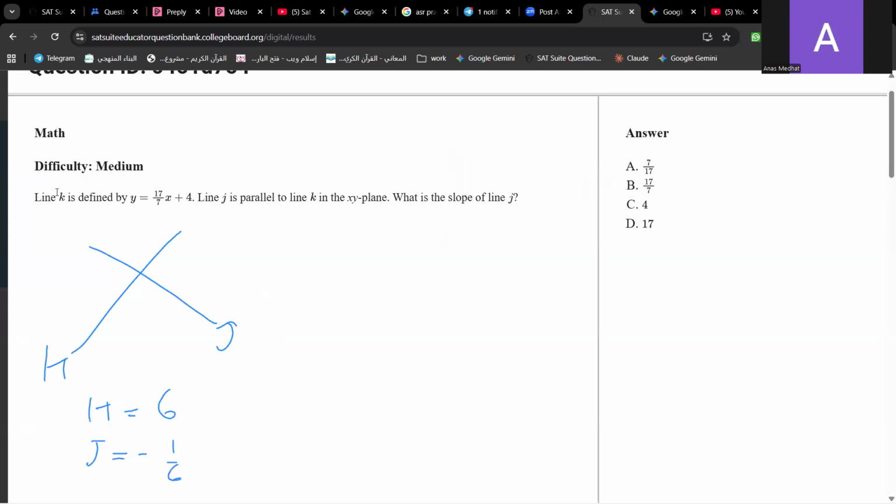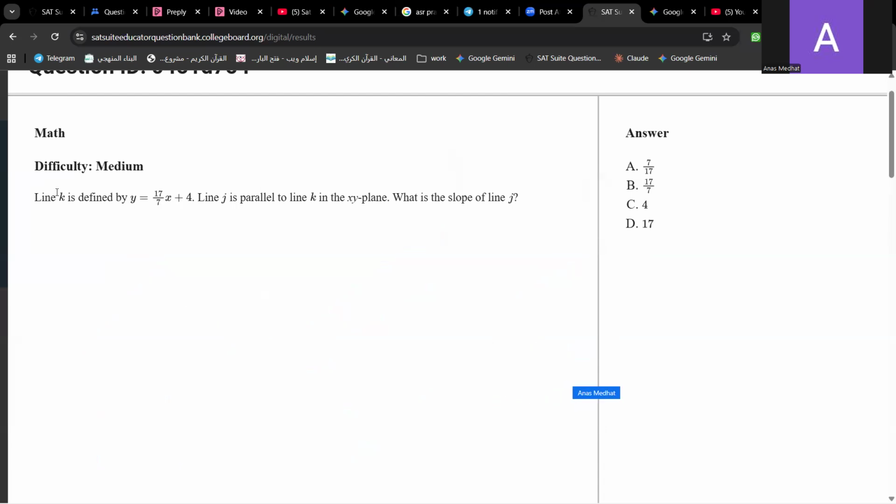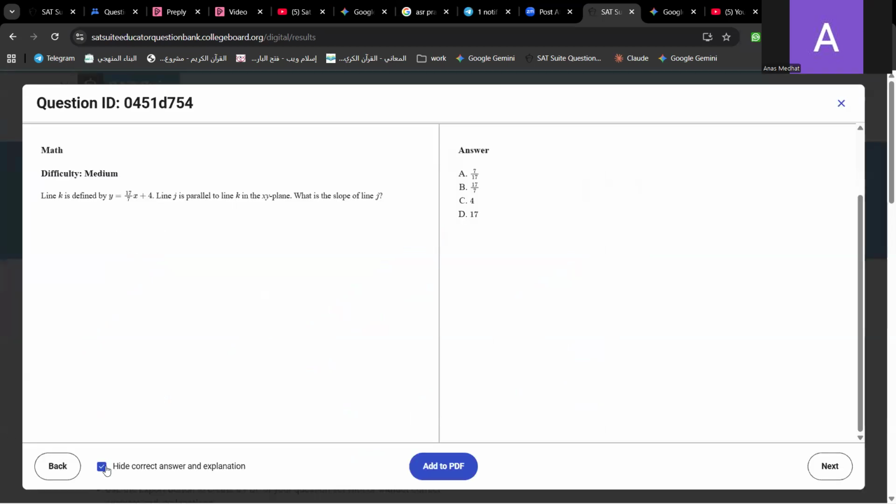But if they are parallel, K and J, if K is 6, J would be 6 also. If they are on each other, they would have the same slope. So line J would have the same slope as line K, which is 17 over 7. So the answer is B.